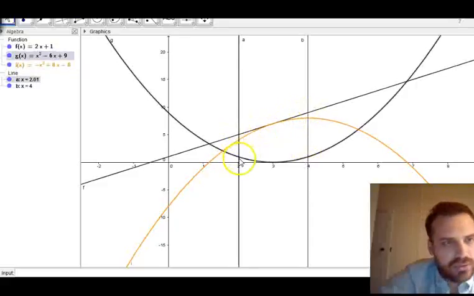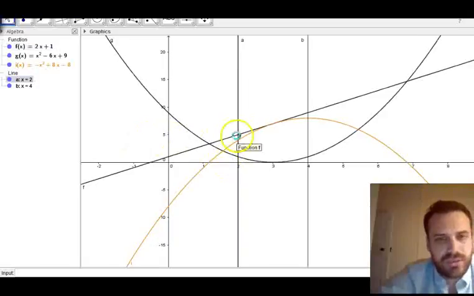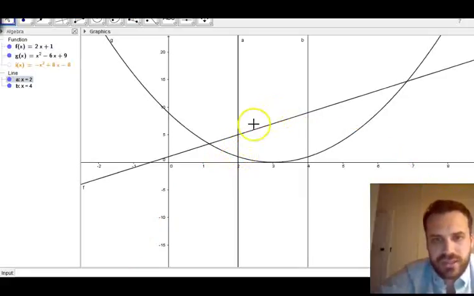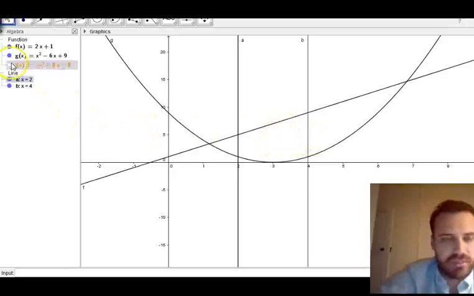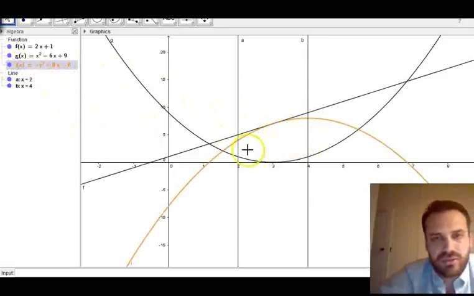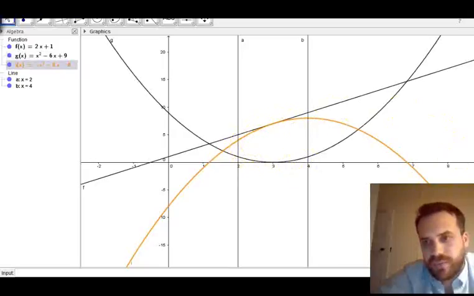It's pretty cool. Just get rid of that. So it's pretty cool, and it allows an easy way to find this area just by finding the much easier thing, the integral of the area between the x-axis and that curve.